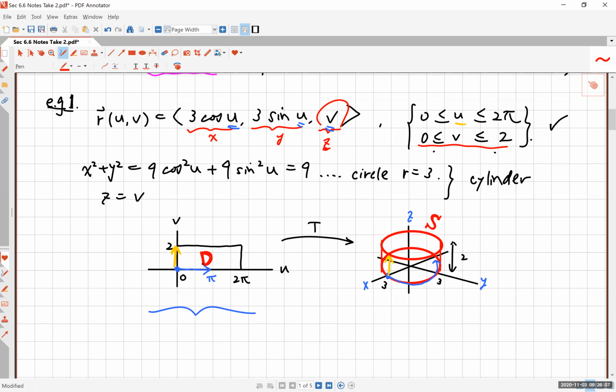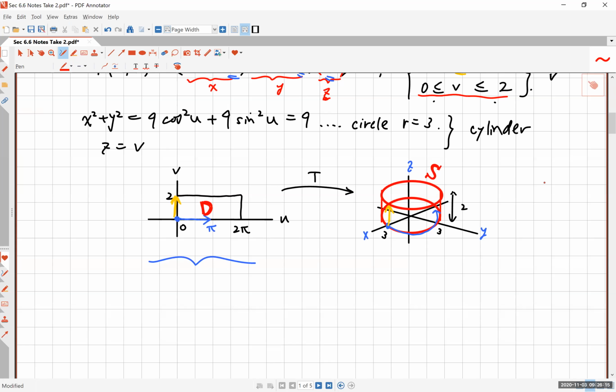D, on the other hand, is the region or the domain on the UV plane that would create that surface S by the parameterization. All right, so keep this in mind. Let's go to the second example.